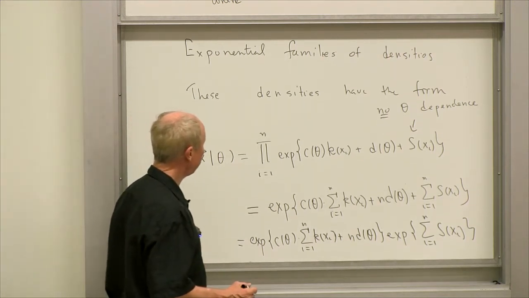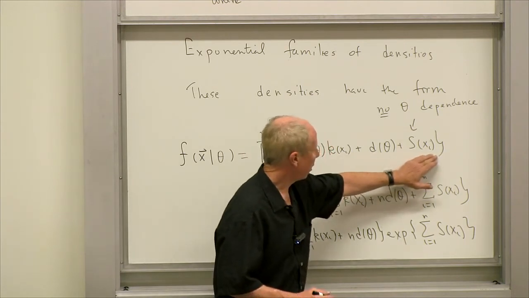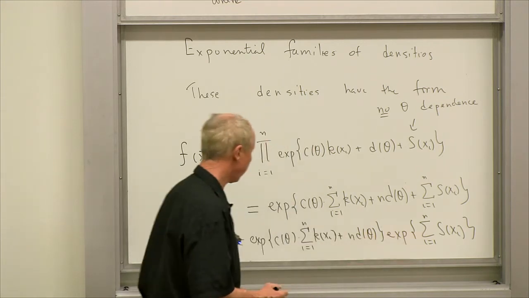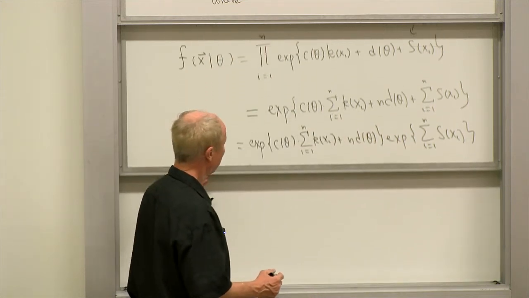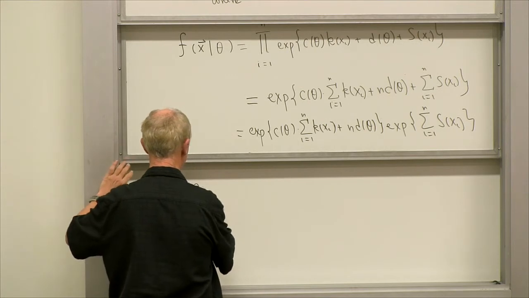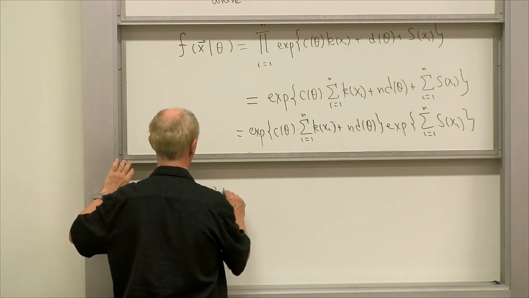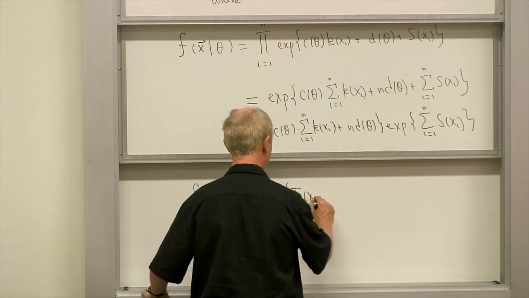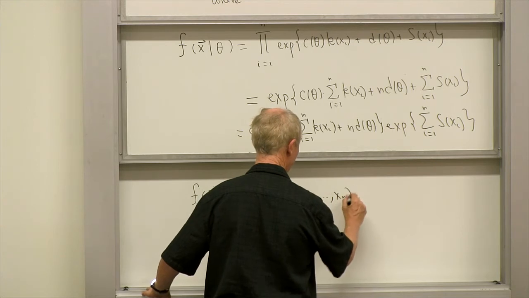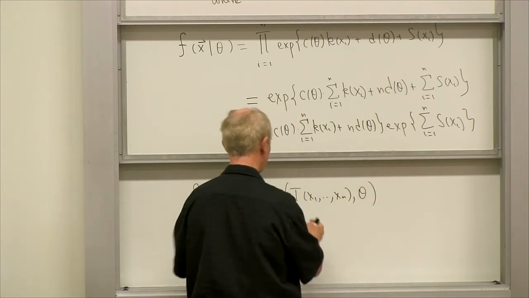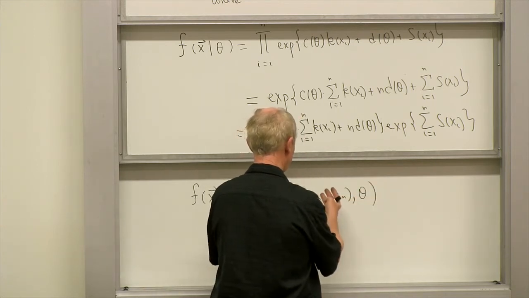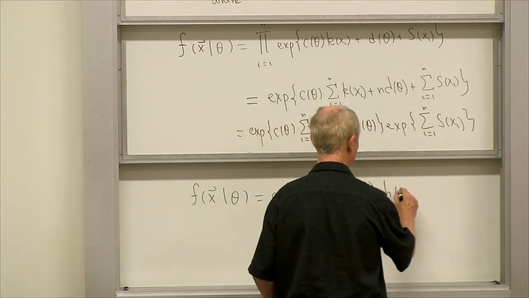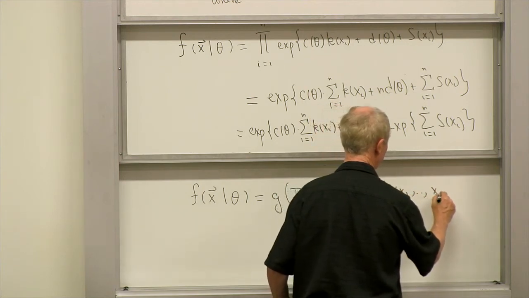So if the individual density has this form, then the joint density will have this form. Okay, now remember what the factorization theorem said. T would be a sufficient statistic if you could factor the density into a function that depended on the data only through the statistic and the parameter, and then some other function that depends only on the data, but not at all on the parameter.